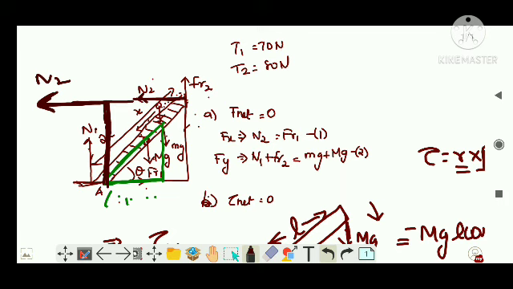So how can I measure this? This entire length is 2l, and this angle theta means this angle is also theta. So this becomes 2l cos theta, and this will be 2l sin theta. This much clear?